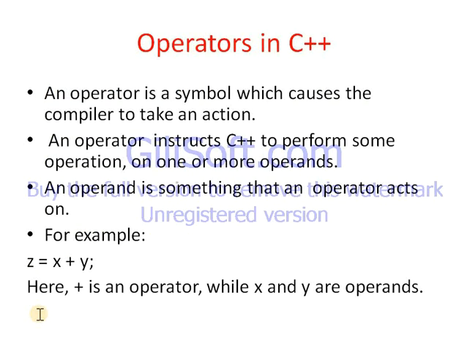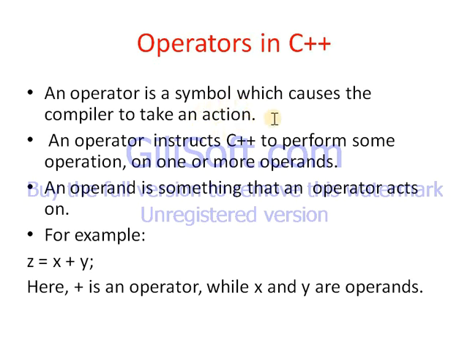Next, we will see what are the operators present in C++. There are different types of operators present in C++. First, we will see what an operator is. An operator is a symbol which causes the compiler to take an action.